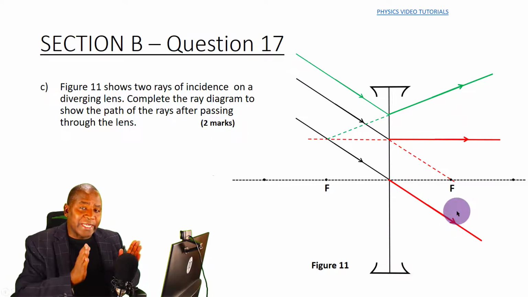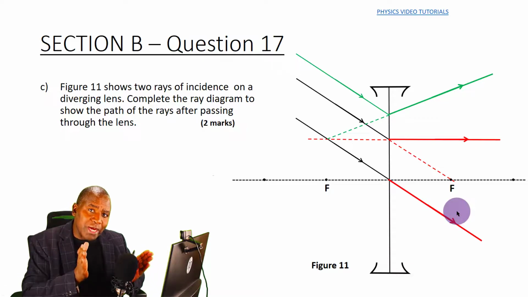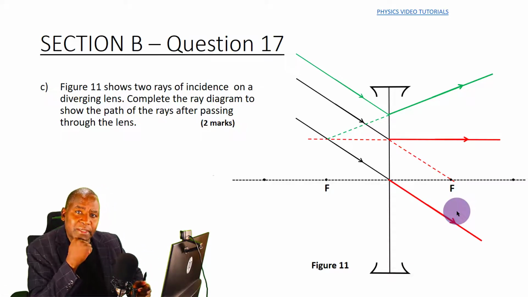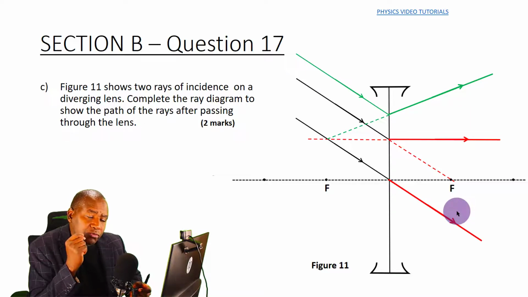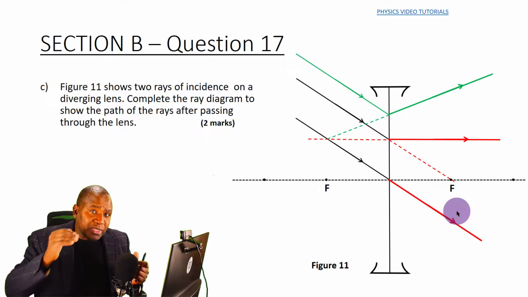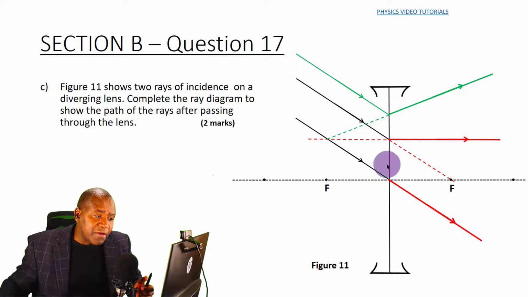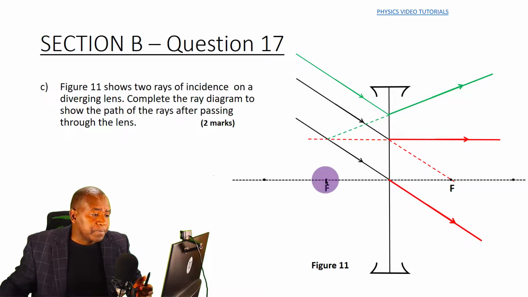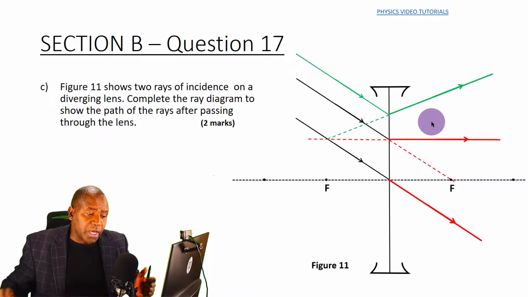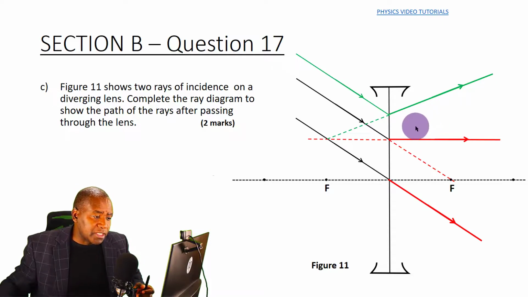And they will diverge as if they appear to come from the focal plane. The only point they would appear to meet at is the principal focus if the two rays are parallel and they are also parallel to the axis. That is when they will appear to meet somewhere here. So I thought of adding this green ray here so that I can show you what would happen if situations change.